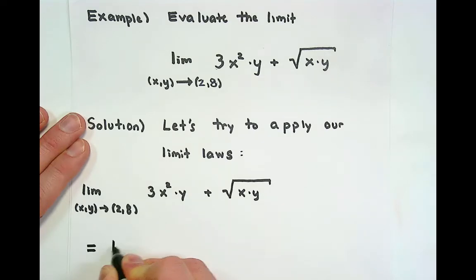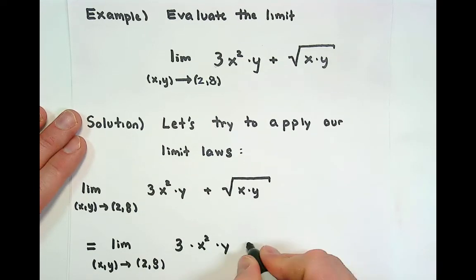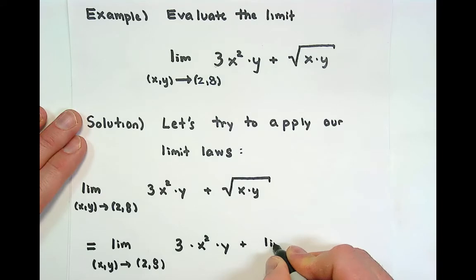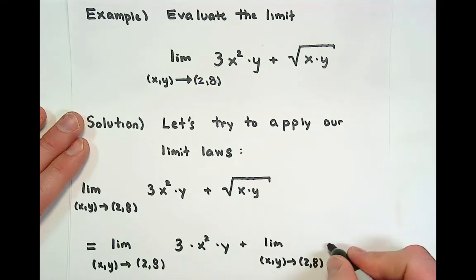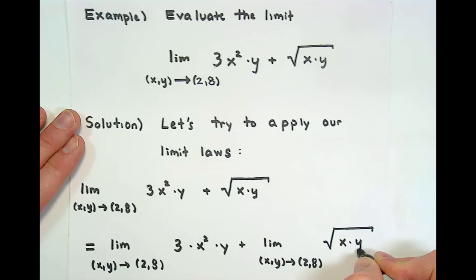We know by the sum rule that we can break this into two limits. So now this is the limit as (x, y) approaches (2, 8) of 3 times x squared times y. And then on the other side, we have the limit as (x, y) approaches (2, 8) of the square root of x times y.